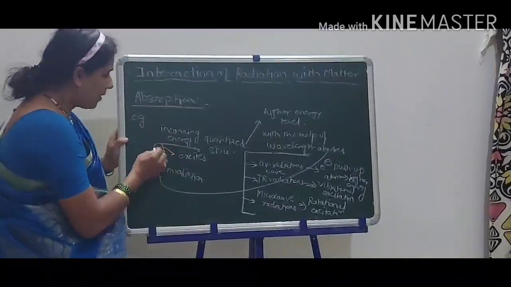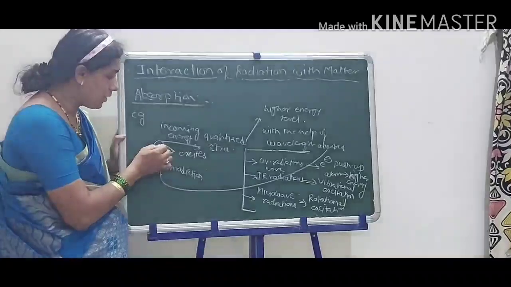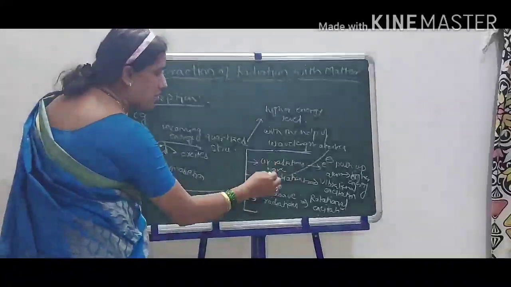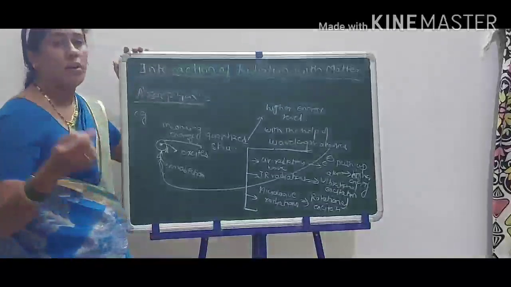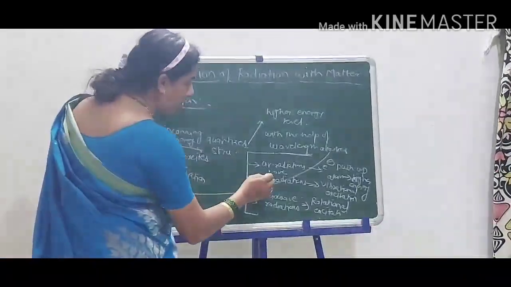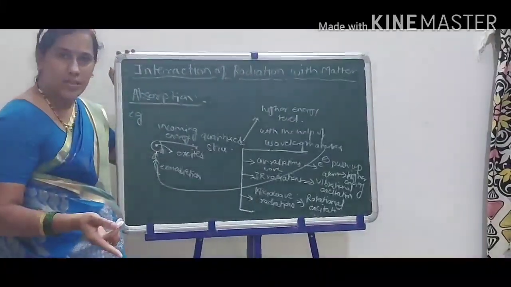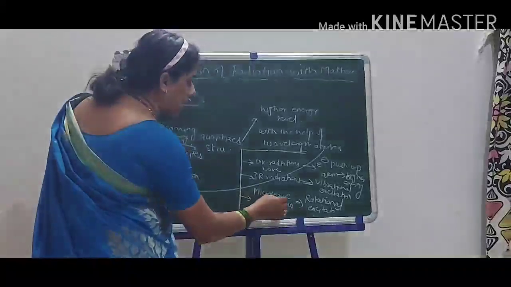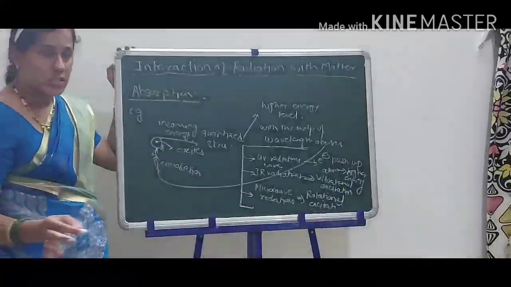Now, what is to be concluded? When the atom absorbs electromagnetic radiations, when UV radiations are absorbed, electrons push the atoms from a lower energy level to a higher energy level. When IR radiations are absorbed, vibrational excitation takes place, and when microwave radiations are absorbed, rotational excitation takes place.